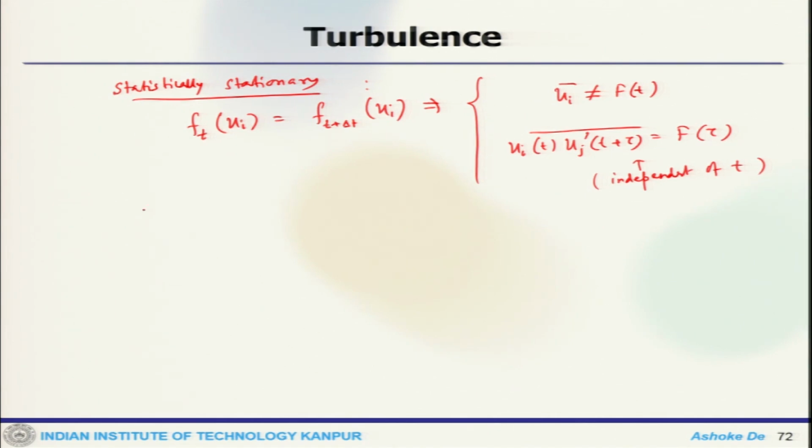Now, the next is statistically homogeneous turbulence.